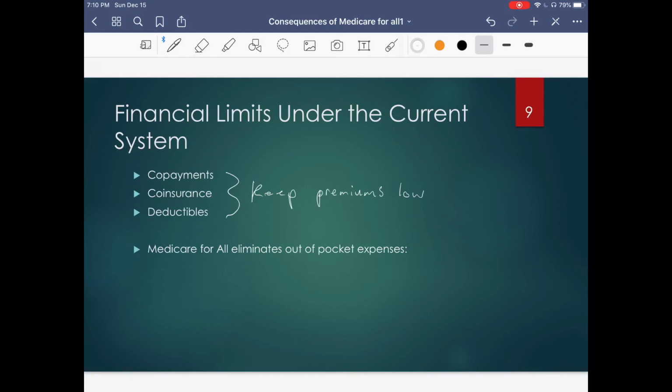Medicare for All would eliminate these out-of-pocket expenses, which sounds great, but let's take a look at what this does. If the aggregate supply of healthcare was held unchanged, Medicare for All would reallocate healthcare from high-value uses of the system to lower-value ones, reducing health and longevity in the system.